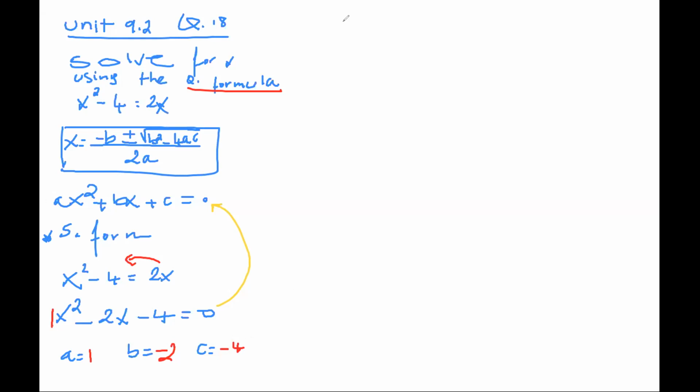Okay, and once we get those numbers, please, if you have any background noise, please turn it down or mute your mic. Okay, so now that we have here, we're going to take A, B, and C. We're going to plug those into the quadratic formula.